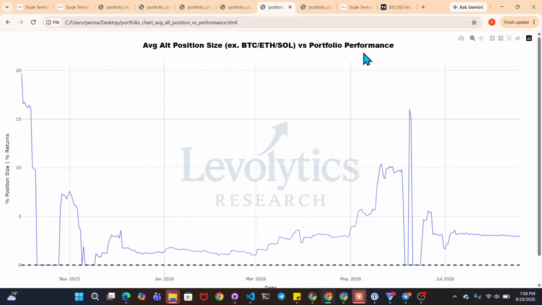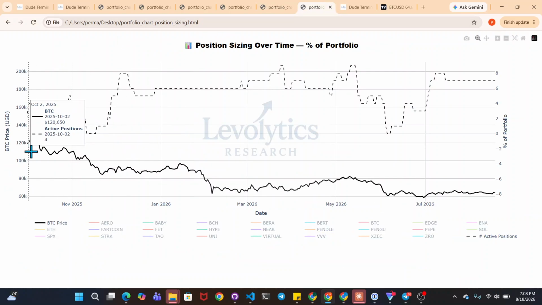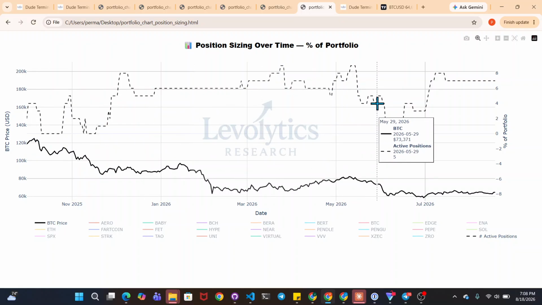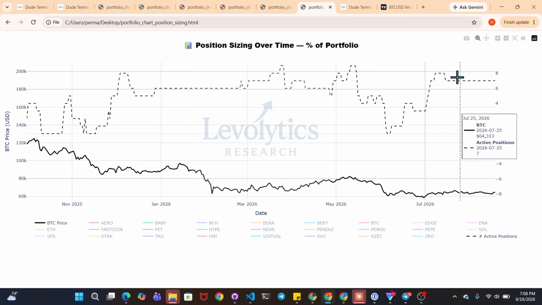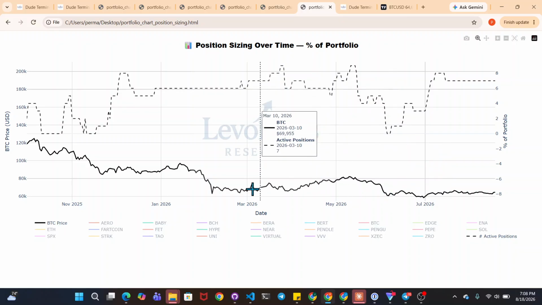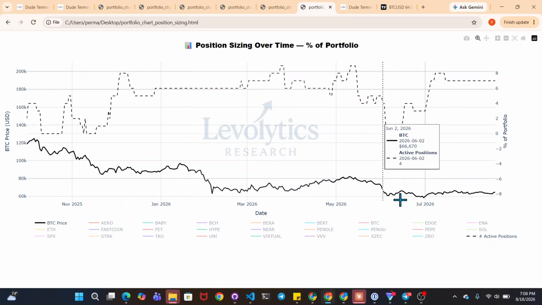This was crazy. And the black dotted line shows you the number of positions that I'm holding, right? And the number of positions that I'm holding is 7 right now. You can see that at the beginning of June, when I finally de-risked everything at the Pico bottom, right? Because the normal black line, not dotted, is the BTC USD price.